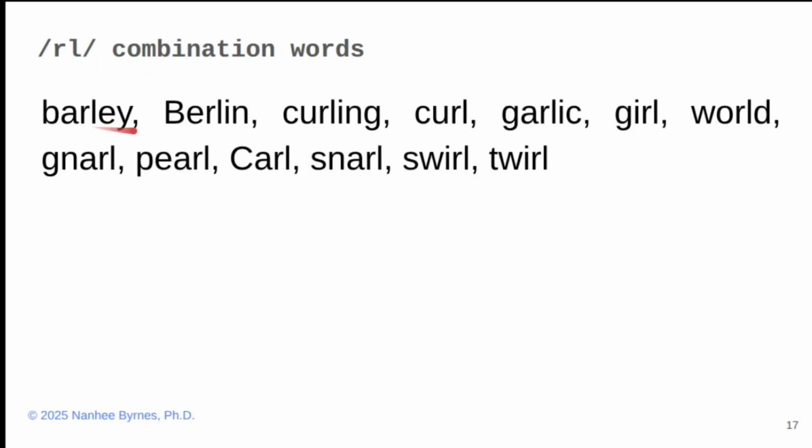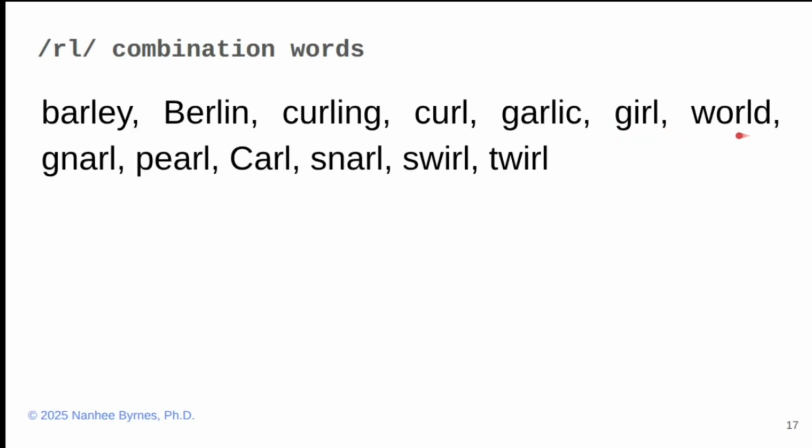Barley, barley. Berlin, Berlin. Curling, curling. Curl, curl. Garlic, garlic. Girl, girl.